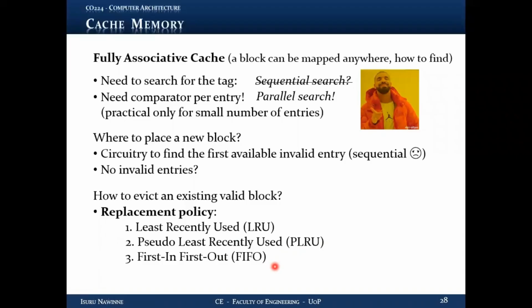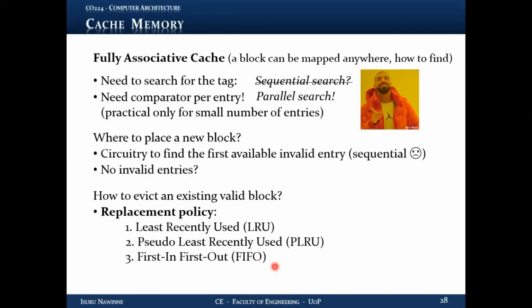Then first in first out is a very simple alternative. It's not exactly the least recently used one, but first into the cache, even though that block might have been referenced later. First in, first out, right? So you just need to update the tag only when the cache block is updated with a new block.